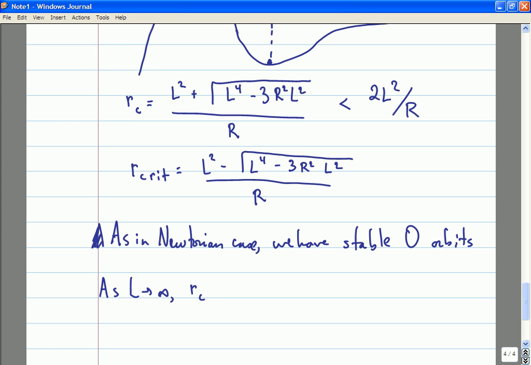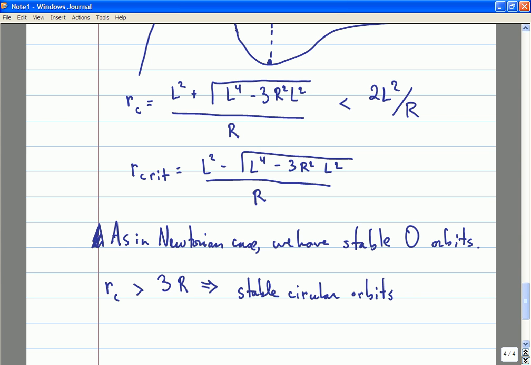The other thing to notice is that L had to be larger than root 3 times R. And so what that means is that RC is always bigger than 3 times R. So that means that there are stable circular orbits only at radius which is 3 times the Schwarzschild radius or larger.